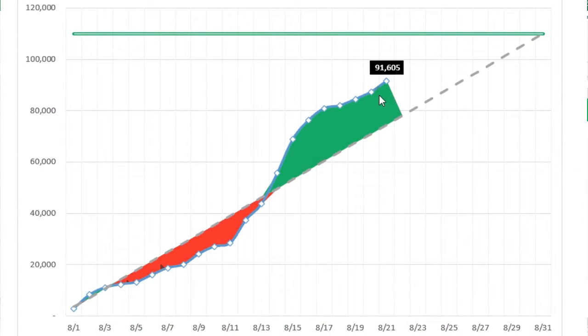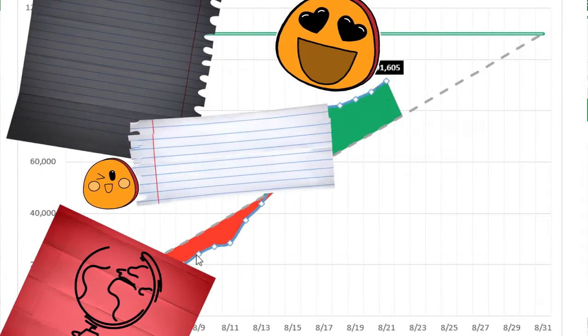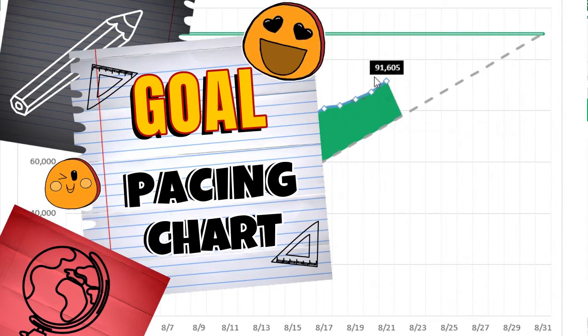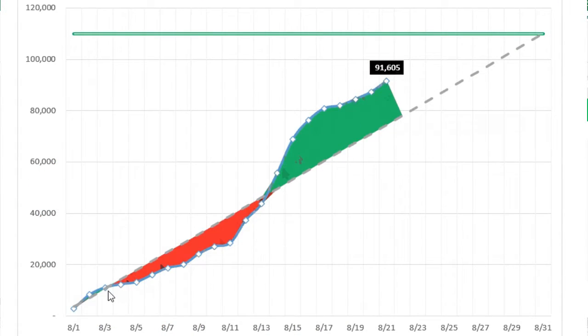Today I'm taking you through how to create a goal pacing chart for the month. Looking at the result first, the type of chart we shall be getting at the end of the day will be a cumulative capture of data.